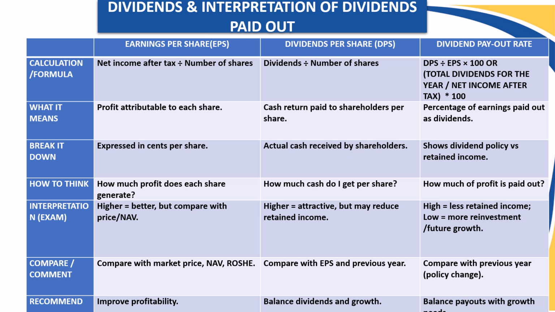Okay, so if this rate is high, there's less retained income. If it is low, the directors decided that they want to reinvest money, or they want to keep it back for future growth. Sometimes this rate can be more than 100%, which means that the directors decided to pay out some of the retained income of the past as dividends for this year.